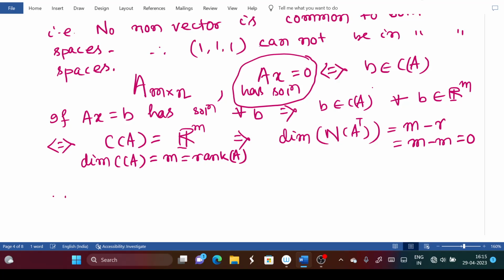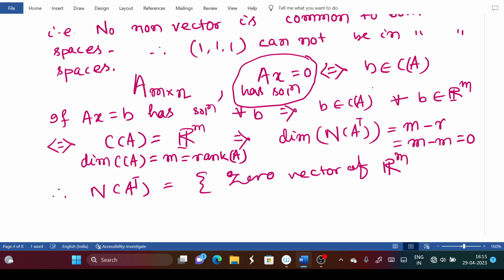Any vector space of dimension 0 has only one vector in it, that is the origin vector, the 0 vector of R to the power M. So this is my left null space.